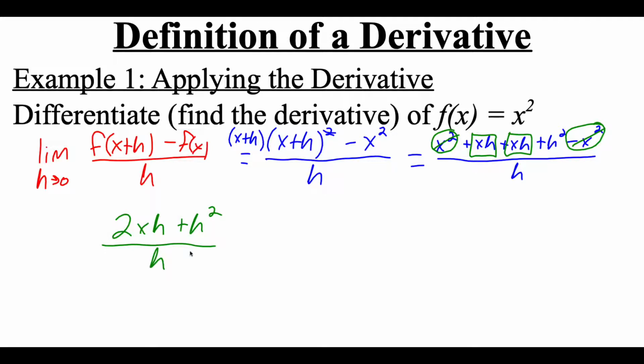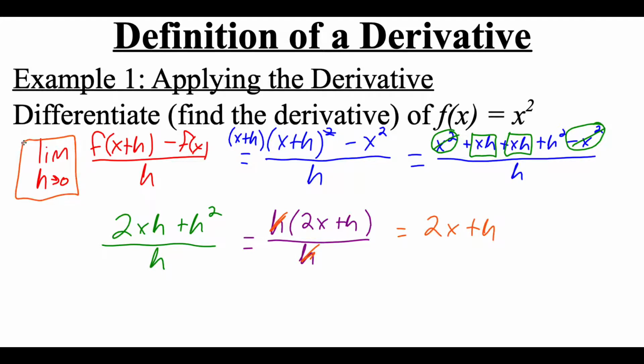On top, I notice that everything in that has h. So what we're going to do is factor h out of the numerator. So that's going to leave me with 2x plus h all over h. Then we're going to be able to cancel out these h's that are in the front, and that leaves us with 2x plus h.